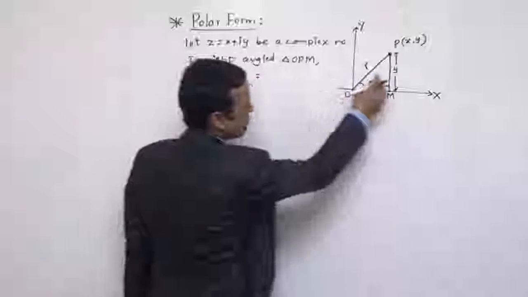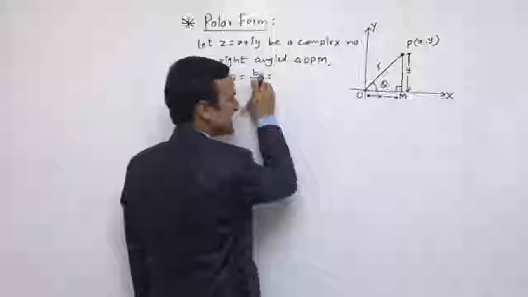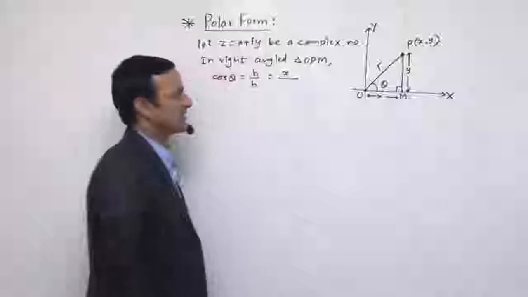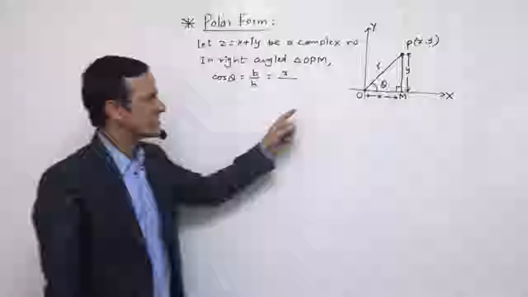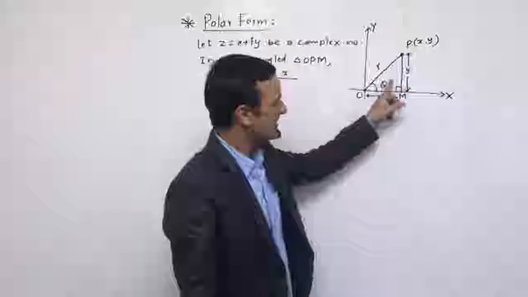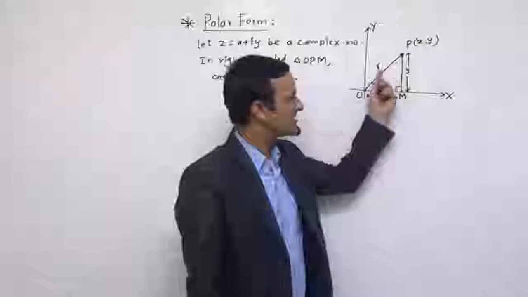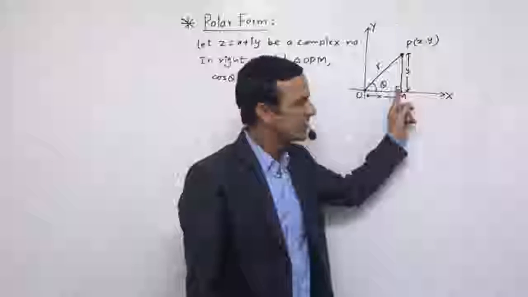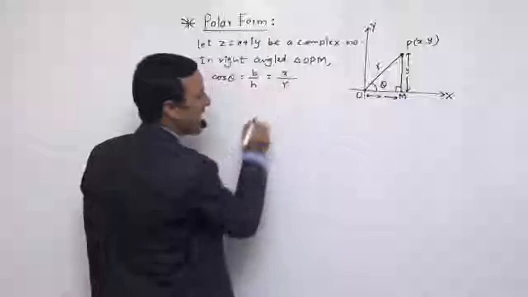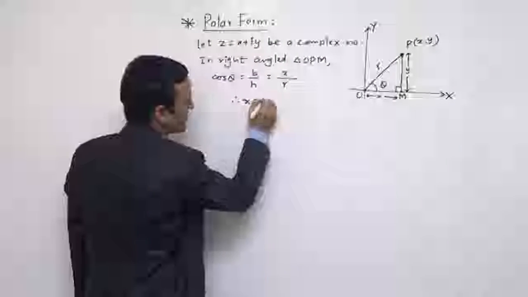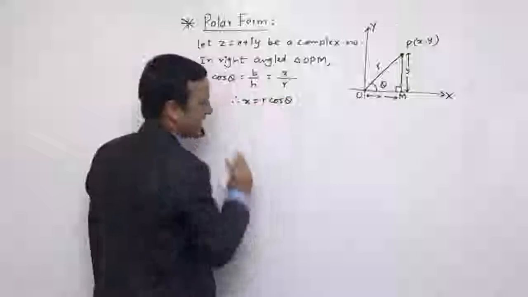So if you look over in this figure, then the base is x. So write down x, and the hypotenuse is r. So for this right angle, this is the hypotenuse, the side which is just opposite to the right angle. So write down r. If you cross multiply this term, then we get x is equal to r cos theta.